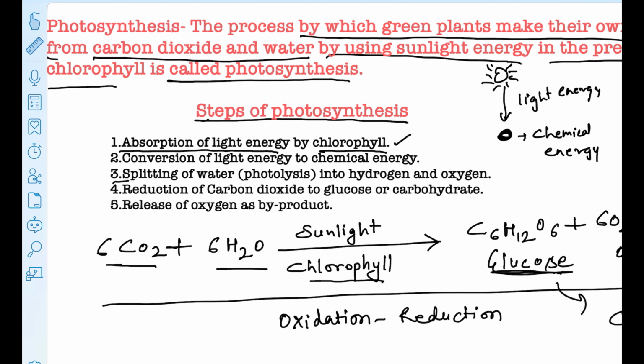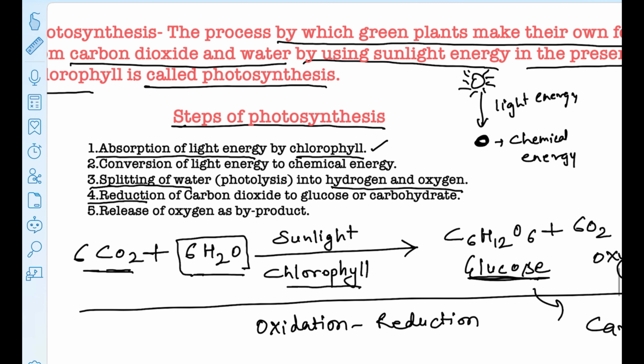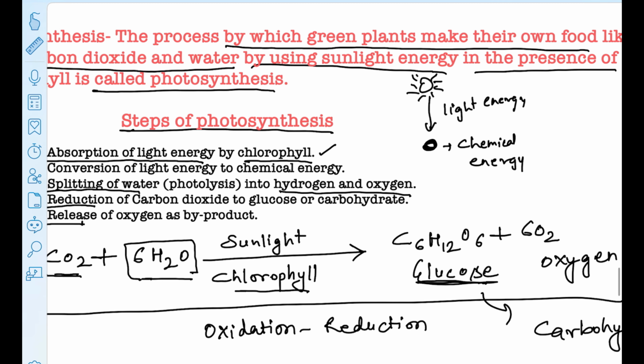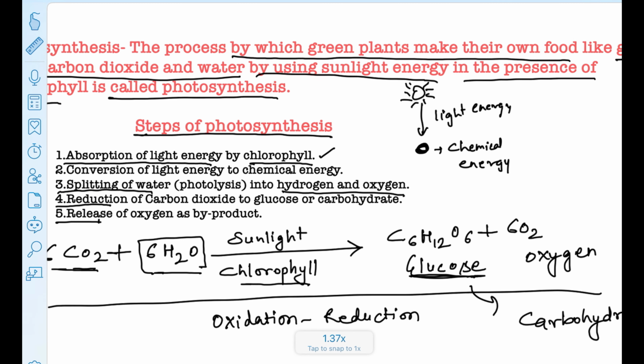Then this light energy is converted into chemical energy. Okay. Then the water, here we can see the water that was absorbed by roots via soil is split, or we can say it is broken down into hydrogen and oxygen. And in the fourth step, we can see that the carbon dioxide is reduced to glucose or carbohydrates. Okay. And in the last step, we can see that oxygen is released as a byproduct.